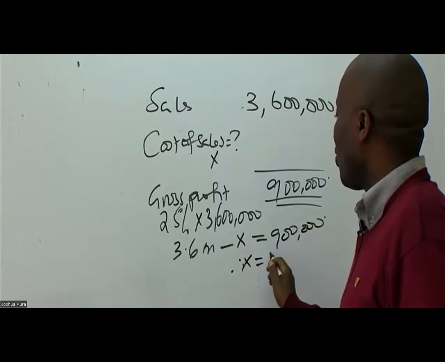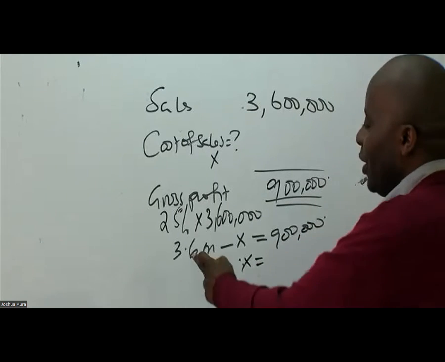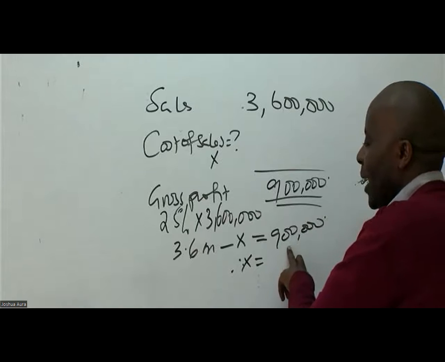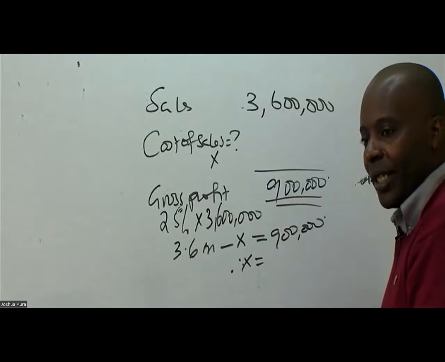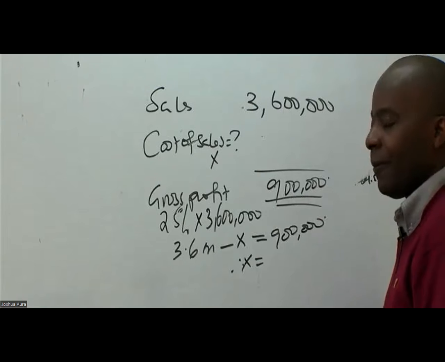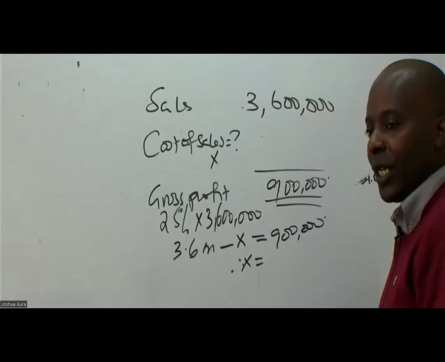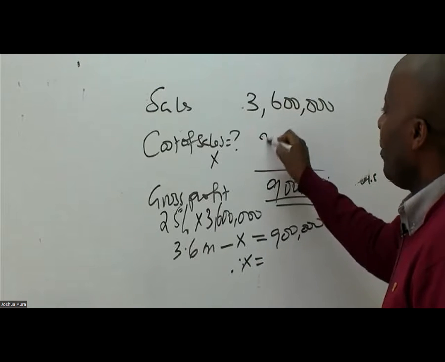Therefore, X will be equal to 3.6 million minus 900,000. Is there somebody who can give me this cost of sales? Yeah, they're telling me it is 2.7 million.